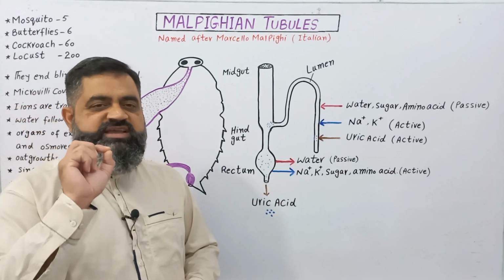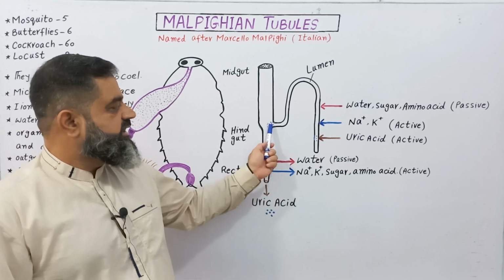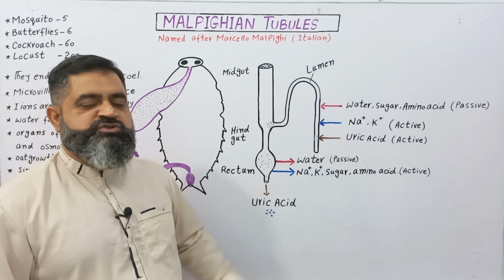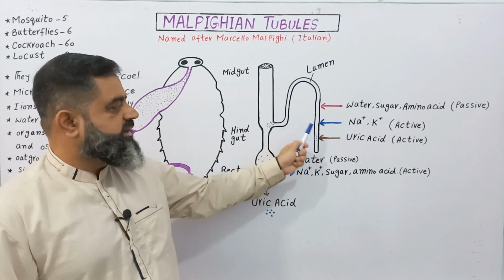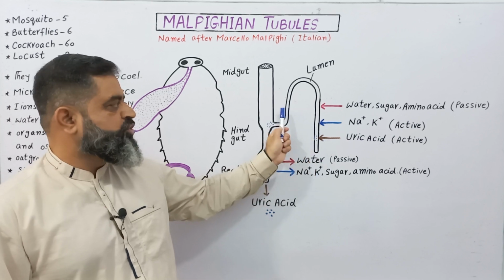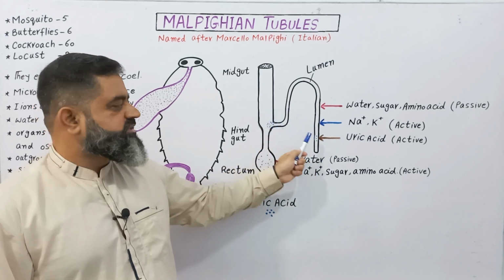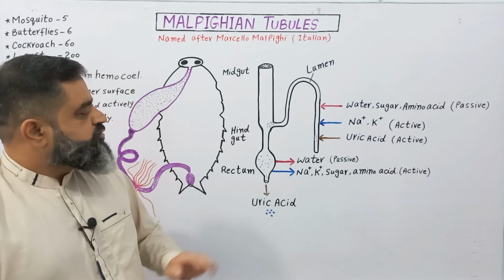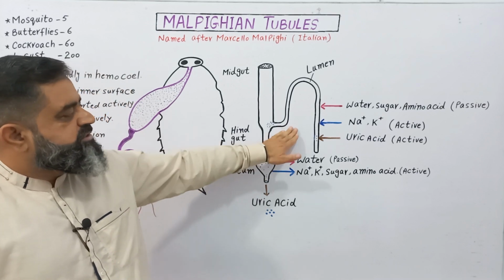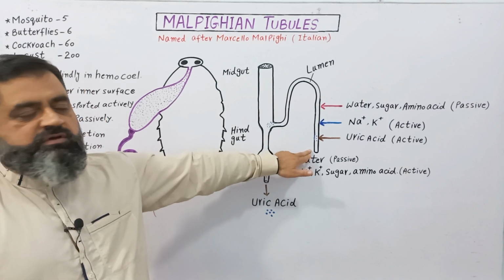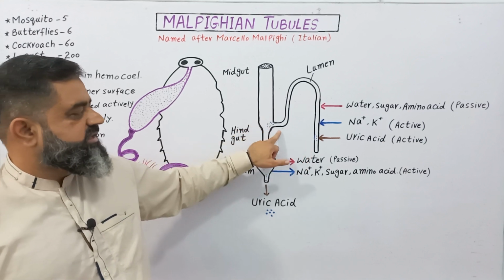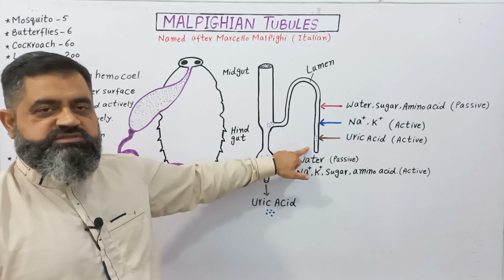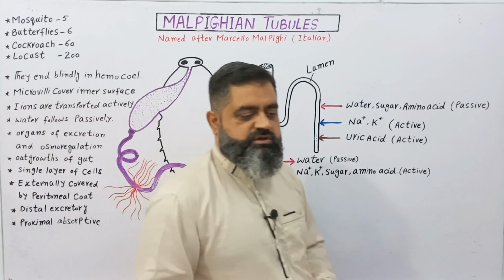It is made up of a single layer of cells and it contains a lumen, and it has two parts, a proximal part and a distal part. The proximal part is close to the gut while the distal part is away from the gut. So these Malpighian tubules are open from this side while they are blind-ended on the other side, which is suspended in the hemocoel.